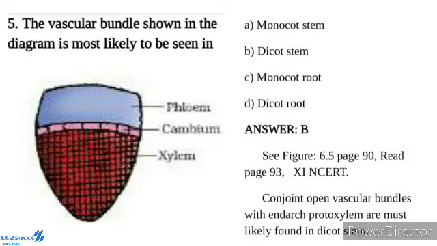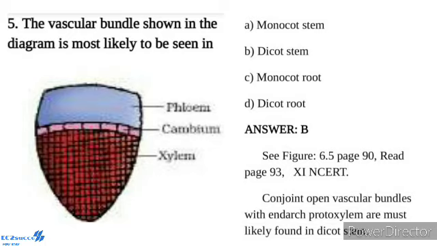a conjoint bundle with the xylem towards the inner side facing the pith and phloem towards the outer side facing the cortex is called collateral bundle. When in a collateral bundle a strip of cambium is present between xylem and phloem, the bundle is called open bundle. Example, stems of gymnosperms and most of dicots.